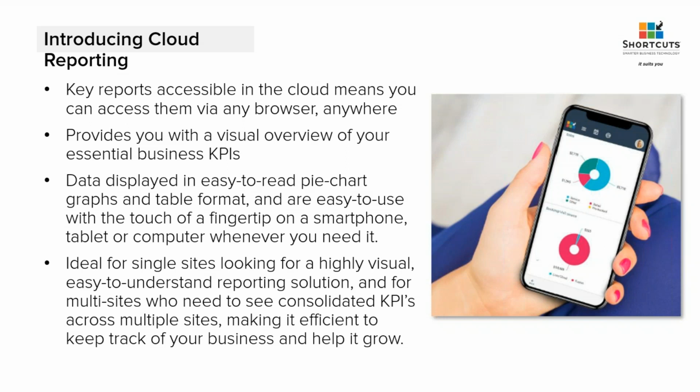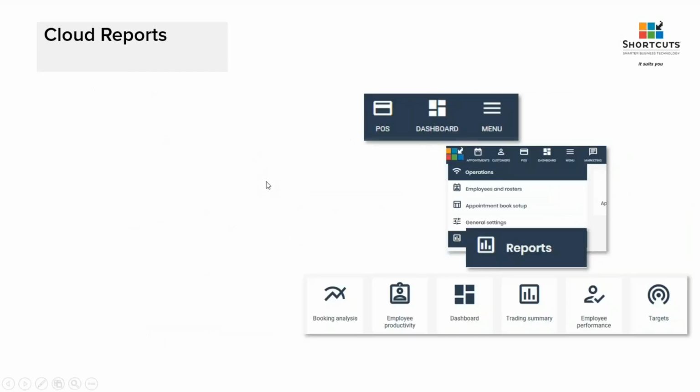So we have 5 reports with all the essential key performance data for your business. So this includes your staff productivity. This includes your totals, your trading summary data. So the things that you would normally wait until the end of the day to get, you can actually get in real time from the cloud.